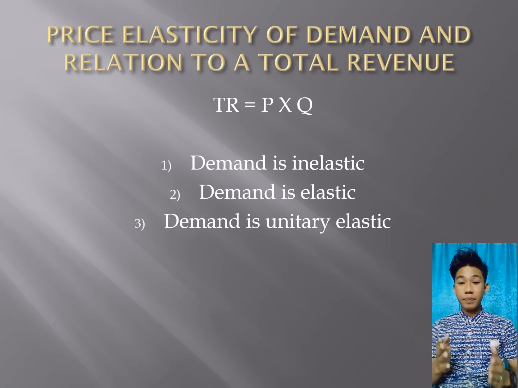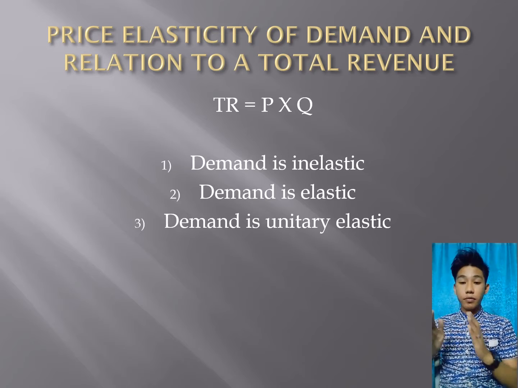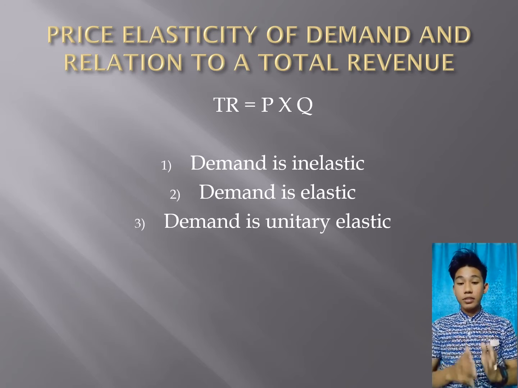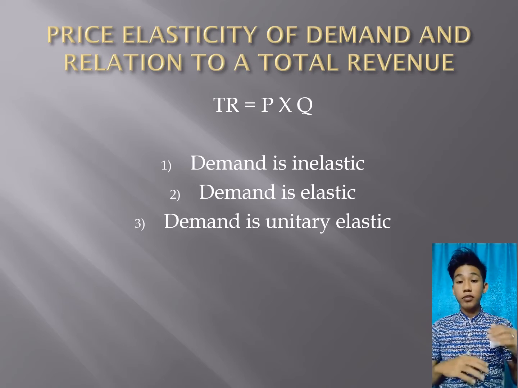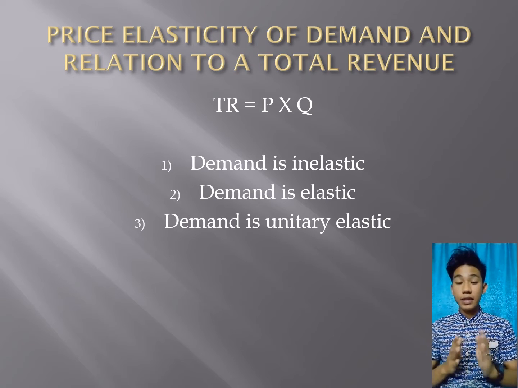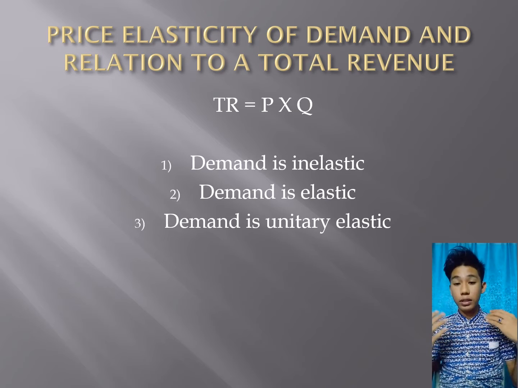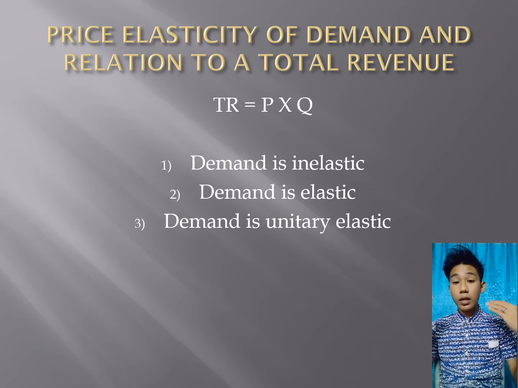For this subtopic, I want to tell more about the relation of total revenue and the price elasticity of demand. The general equation is total revenue TR equals quantity Q times price P. For the first condition, inelastic demand: when the price increases, the total revenue will increase, so they go in the same direction.